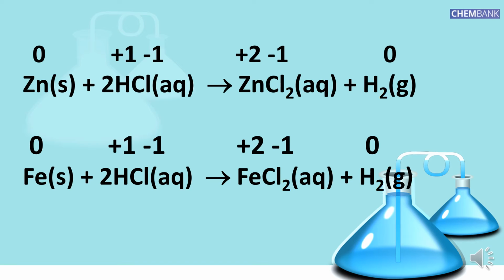So this displacement reaction is a redox reaction. Similarly, iron reacts with HCl to form ferrous chloride and hydrogen. See, the oxidation number of iron changes from 0 to +2. The oxidation number of hydrogen changes from +1 to 0, and both of these are examples of redox reactions.